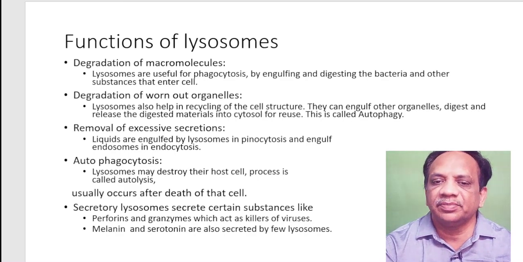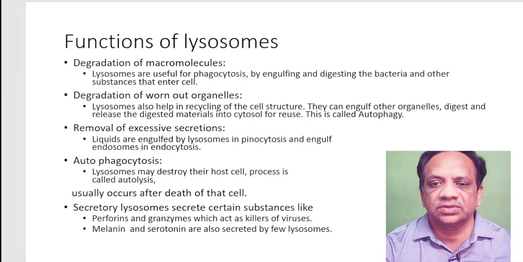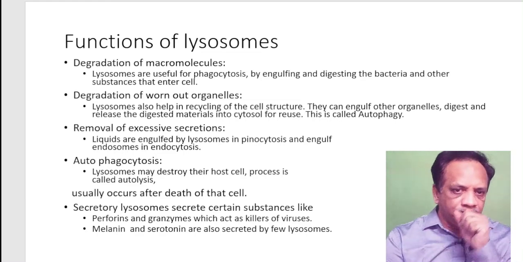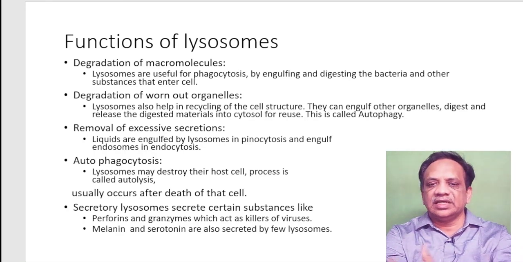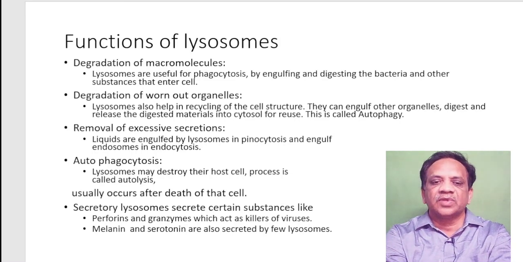Lysosomes also help in recycling cell structures. They can engulf other organelles, digest them and release the digested materials into the cytosol for reuse. This is called autophagy. Removal of excessive secretions: liquids are engulfed by lysosomes by pinocytosis, and they engulf endosomes in endocytosis.